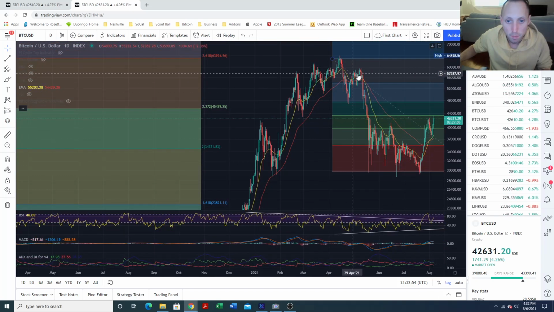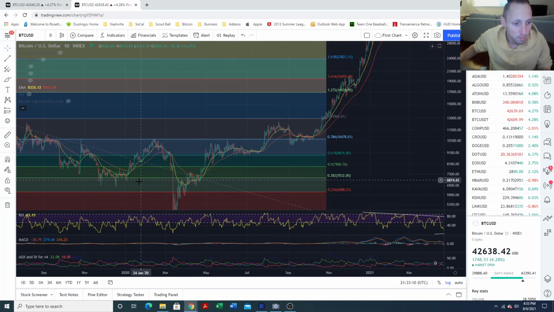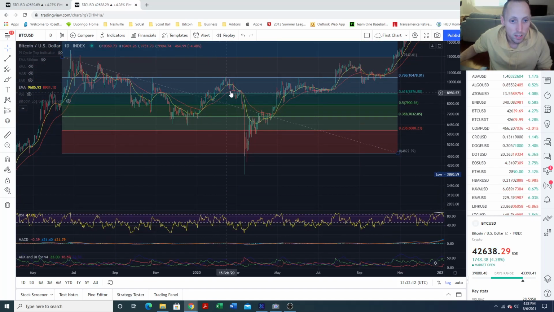It came on up, and then this is where we officially saw the death cross, right here on May 13th of this year. Pretty much since then it's been going down. You can go back in time and see here we see a death cross again.